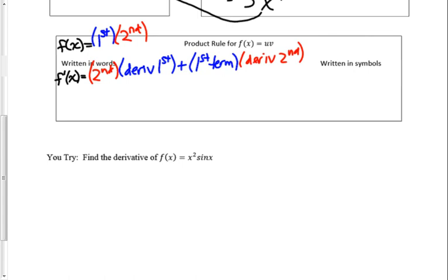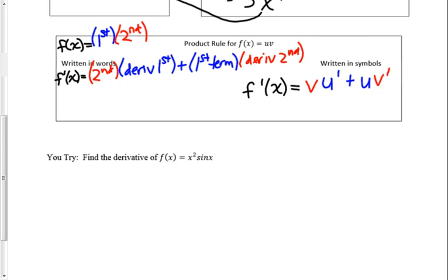If I leave it in symbols with the u and the v, what I would have is the second term, which is v, times the derivative of the first term, which is u prime, plus the first term, which is u, times v prime, the derivative of the second.